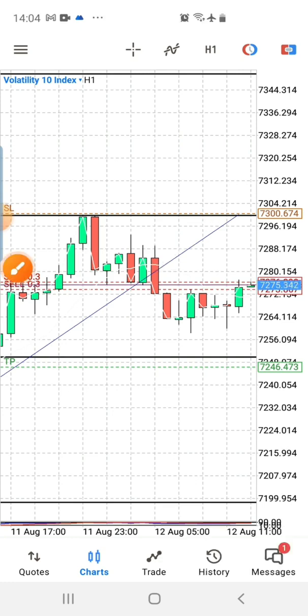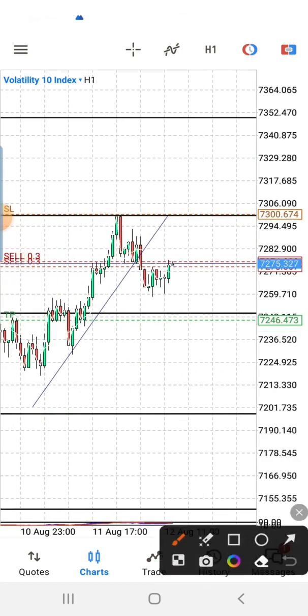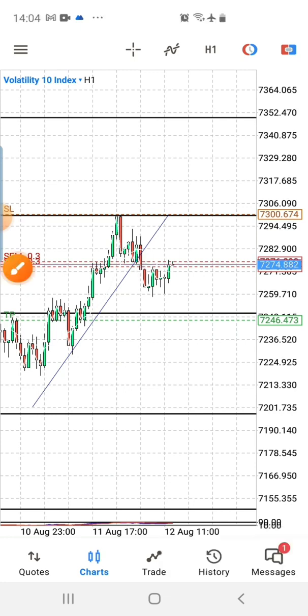Once the candle closes, that's the point you're supposed to be making entry.